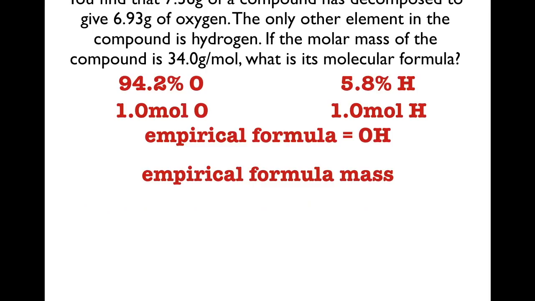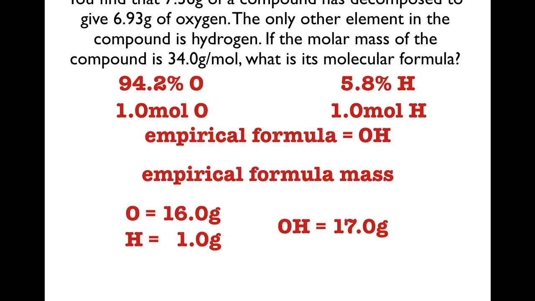So I need to find the empirical formula mass, since I've been provided with the molar mass of the compound already. I need to look at my components: 1 oxygen, 1 hydrogen. 1 oxygen is 16.0 grams, and 1 hydrogen is 1.0 grams. So my empirical formula mass is 17.0 grams.